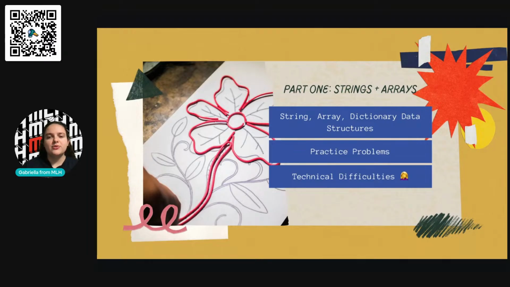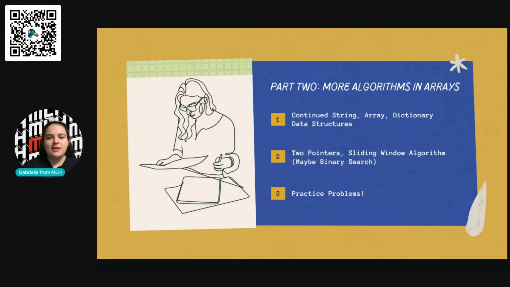And we also went through some practice problems before we ran into technical difficulties, which cut our time short. And then in part 2, we made up for lost time, and we revisited some strings, arrays as data structures, dived into dictionaries a little bit, as well as a little bit of set work.